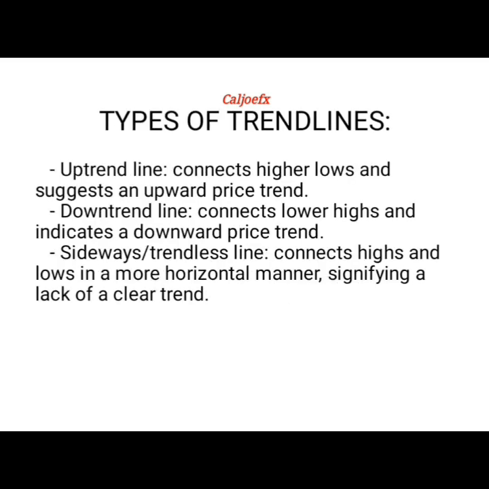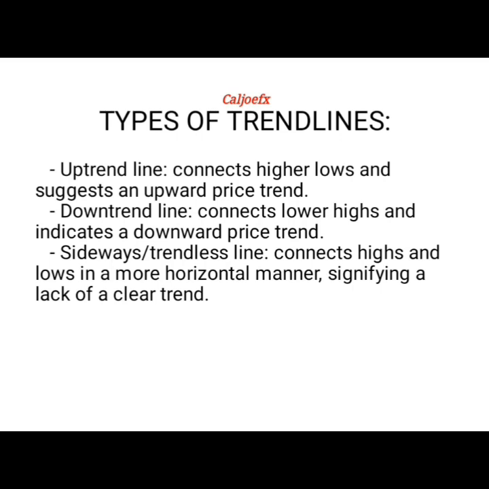Now looking at types of trend lines. You need to pay close attention, because this is what I expect traders to do when they are trading. After you have looked at the market, after you have looked at the charts, after you understand whether it's an upward or downward trend, you can now draw the trend line.